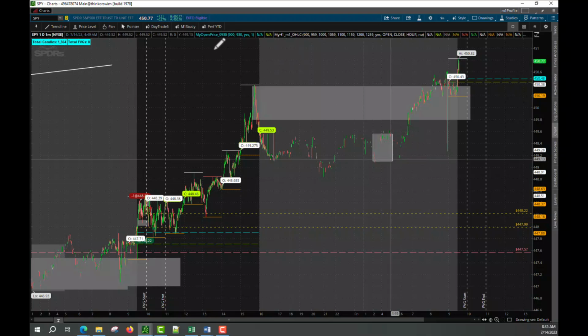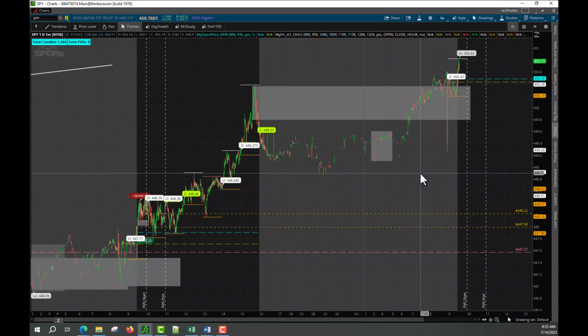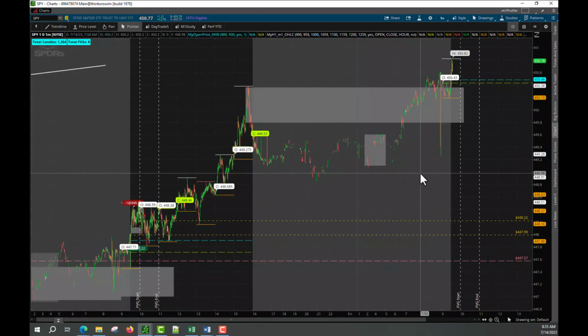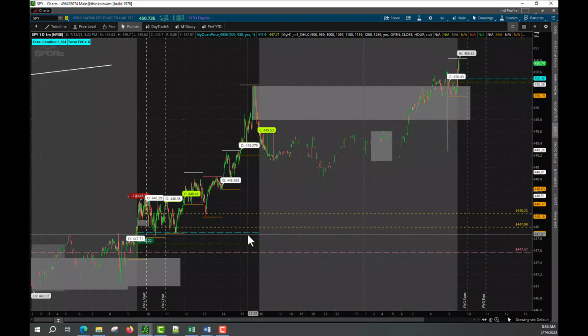It's also the DR model right here, called overnight. Yeah, overnight level. So you see that it did not take out a lot of this. It continued the uptrend. It seems like yesterday.